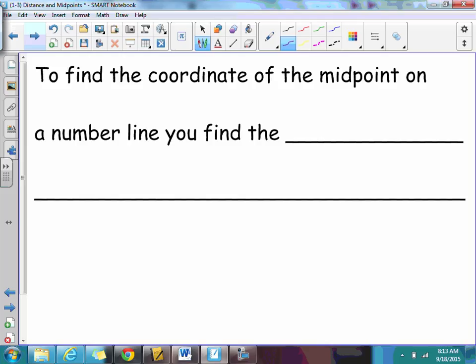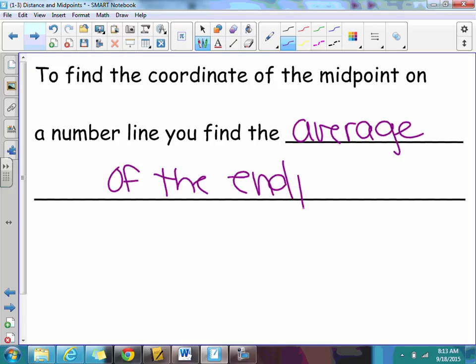So to find the coordinate of the midpoint on a number line, you find the average of the endpoints. That's pretty easy. We're all pretty good at averaging. We did that back in middle school, I think.